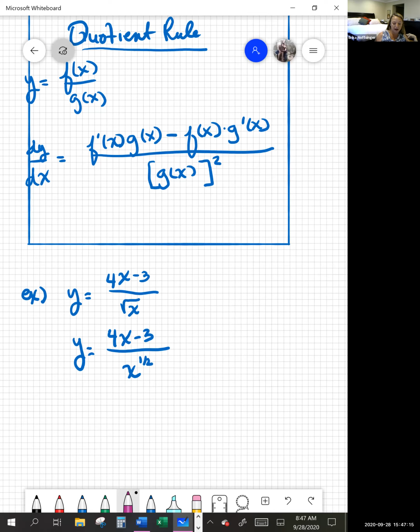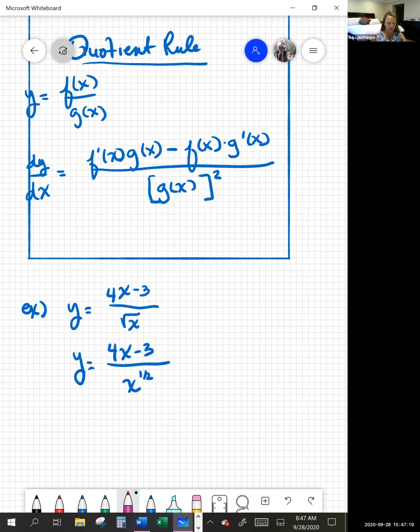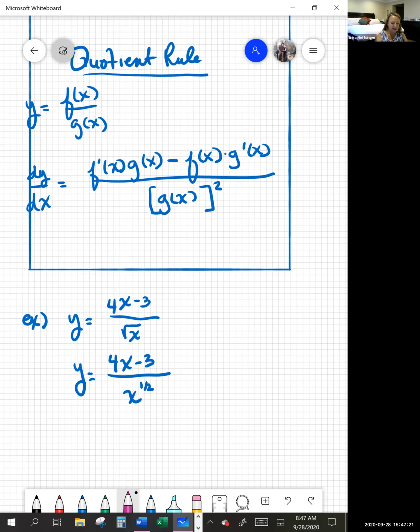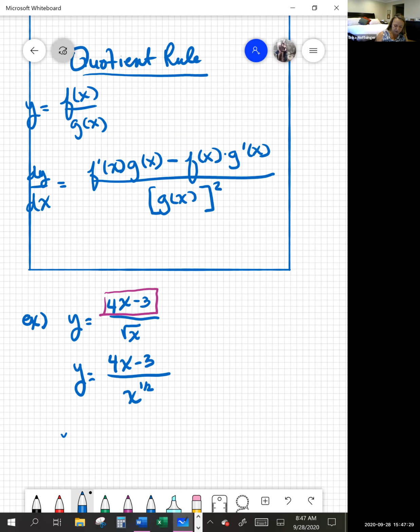So order matters here. And so you have to take the derivative of the numerator first. And so the derivative of our numerator, well, that's not too bad, 4x minus 3. So y prime equals, derivative of 4x is just 4. And the derivative of our -3, derivative of a constant, is just 0.